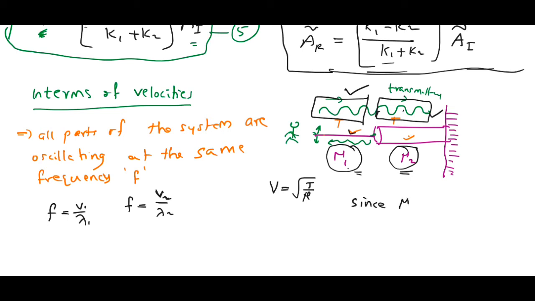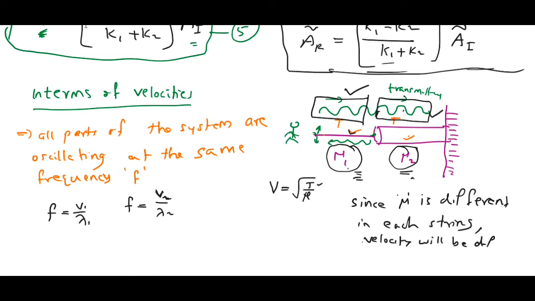Since mu is different on each string, mu1 and mu2 have different values, but both have the same tension T. Therefore, T is common, same, but since mu is different, velocity will be different. Tension T is same on each string.